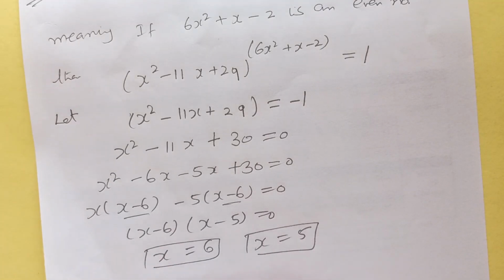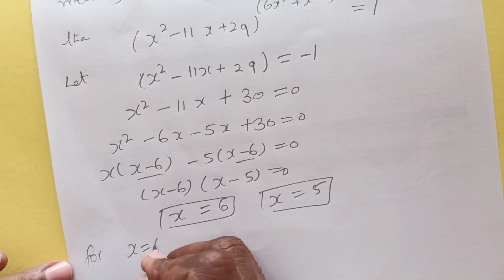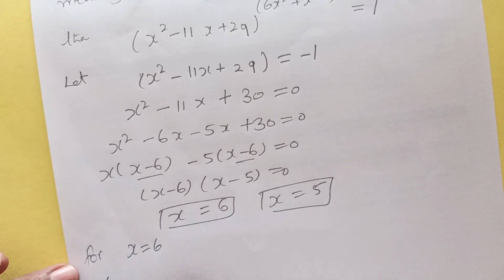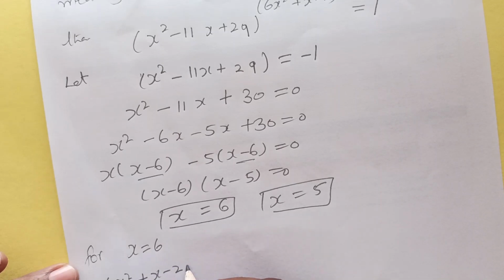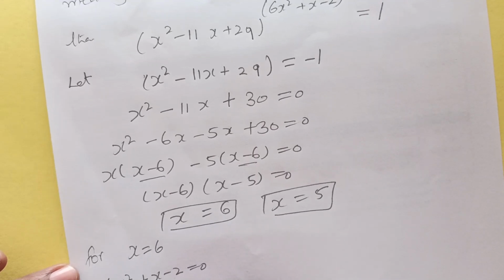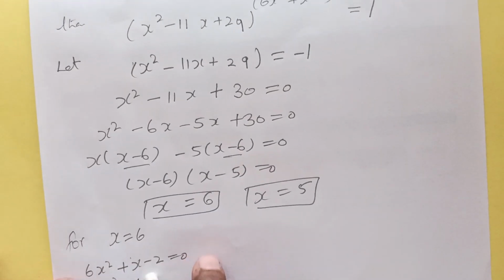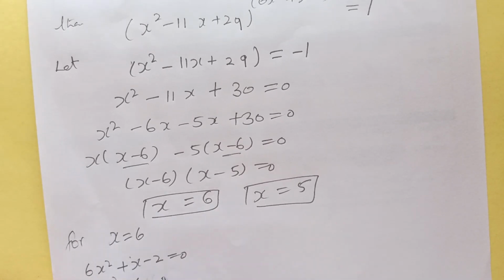So now for x equals to 6, now we have to check this. For x equals to 6, 6x squared plus x minus 2. So 6 into 6 squared plus 6 minus 2.